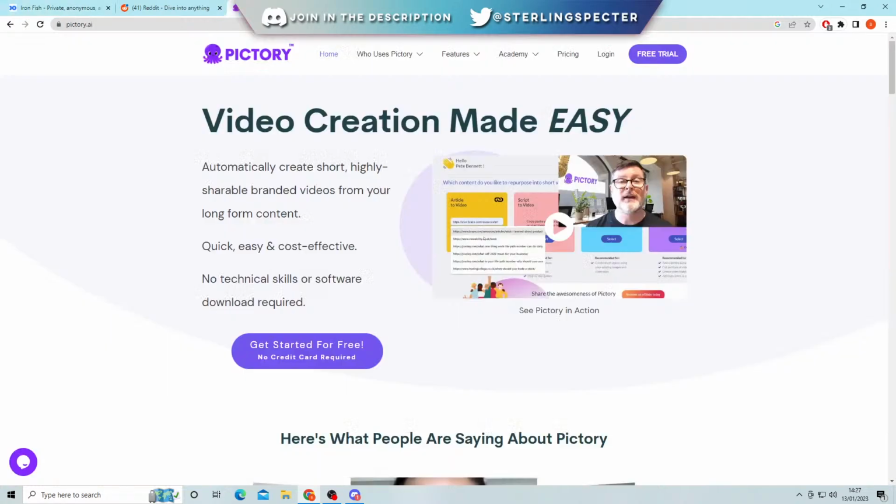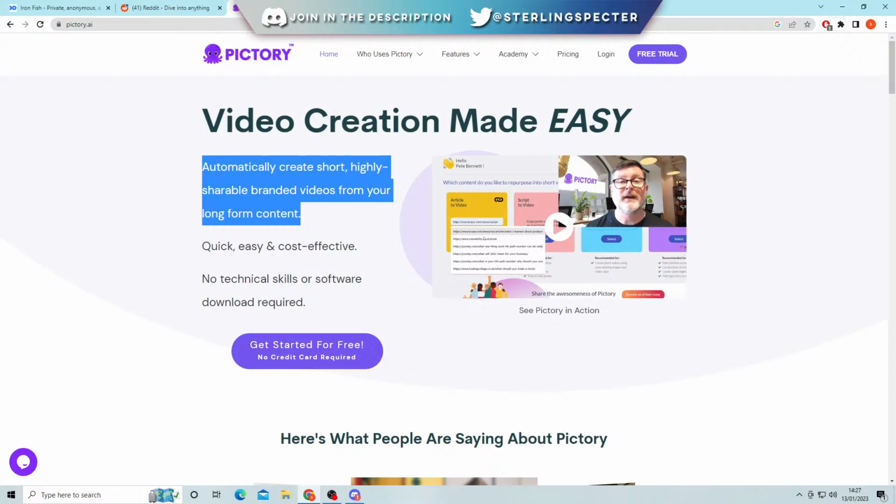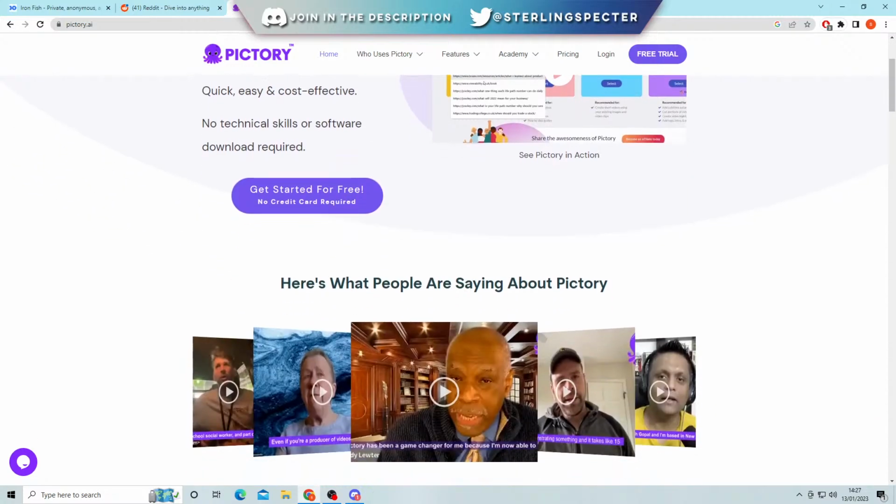So what was I looking at anyway? Oh yeah, I did see this AI. Somebody was talking about it to me, which I was really confused about, but it automatically creates short, easily shareable branded videos from your long form content. So I might put a couple of live streams into that AI and see what it comes out with. I know it costs money.